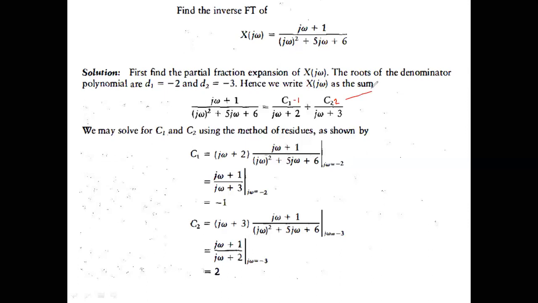That should give us minus 1 into e to the power minus 2t into u of t, plus 2 into e to the power minus 3t into u of t. So that was that.